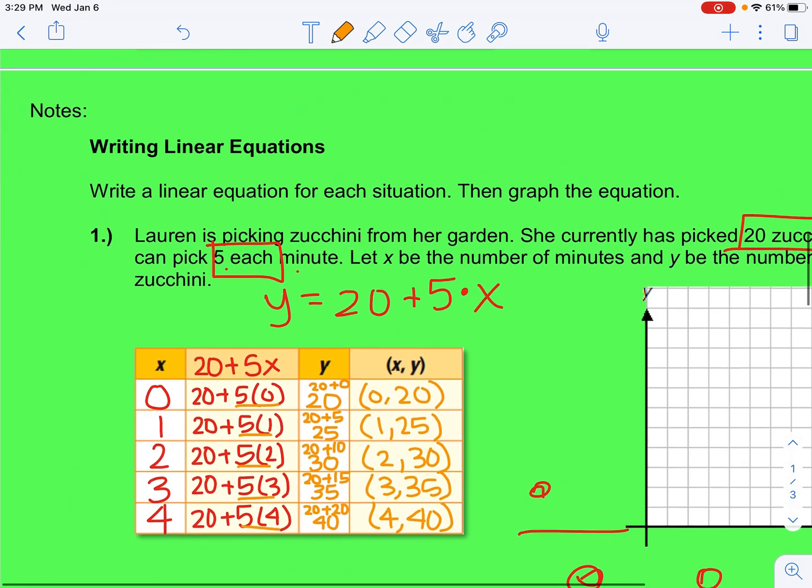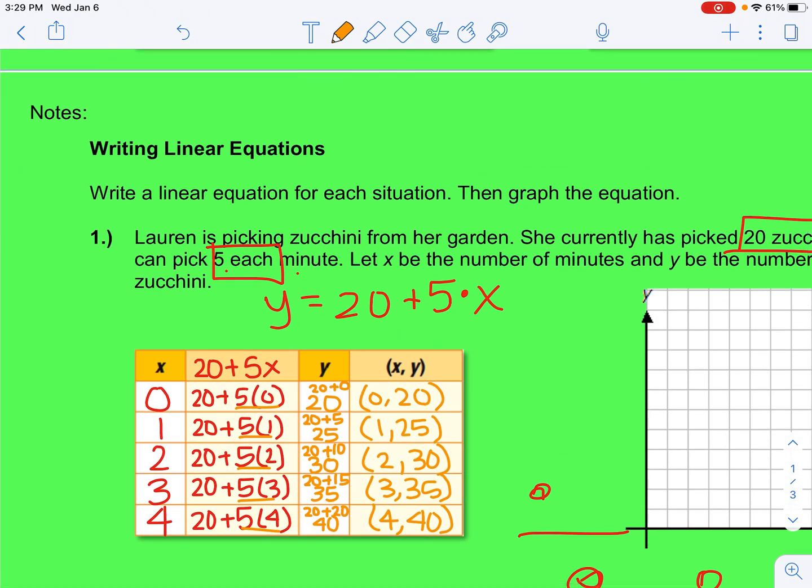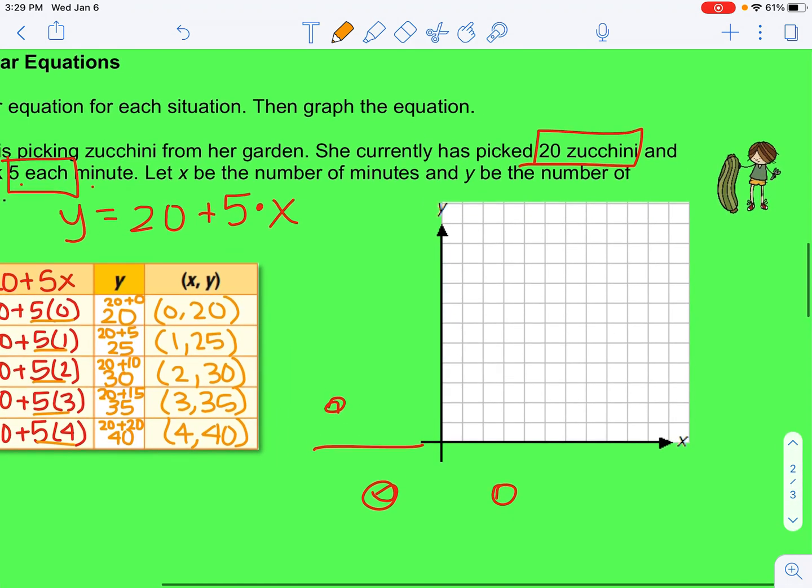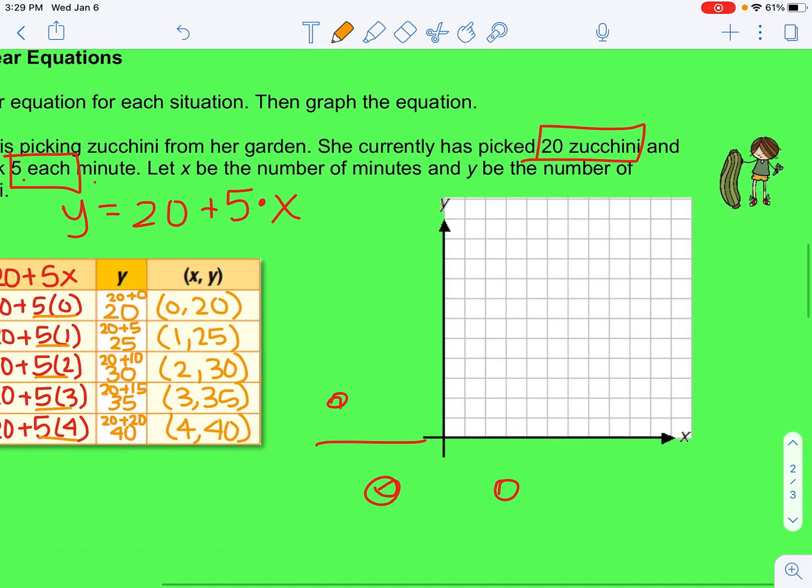Alright, so now that we have our table completed, now we need to graph our equation. But if you notice, we don't have any numbers on our graph. So what that means is we need to label our axes for this one. Alright, so let's get started. On the x-axis is going to be our x. So those are the number of minutes that Lauren is picking zucchini for.